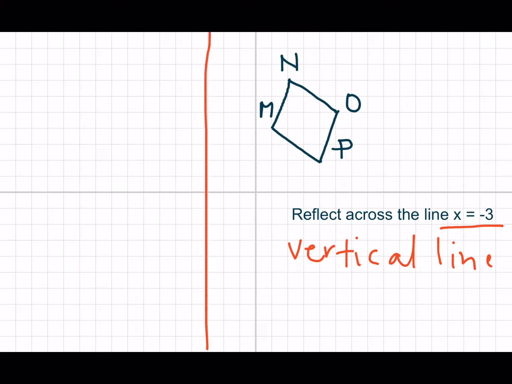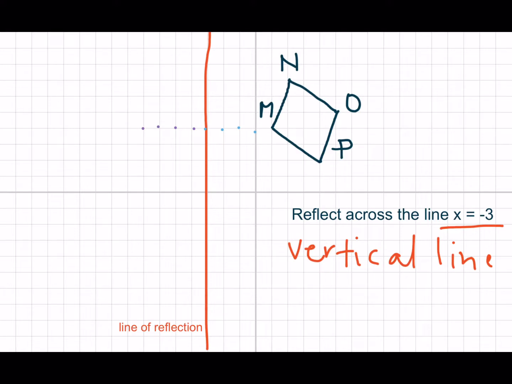Draw that in. Now we're going to do the exact same thing. Match the distances of your pre-image point to the line of reflection. So starting with M, notice that M is 1, 2, 3, 4 units from the line of reflection on the right-hand side. We're going to match that on the left-hand side. 1, 2, 3, 4.